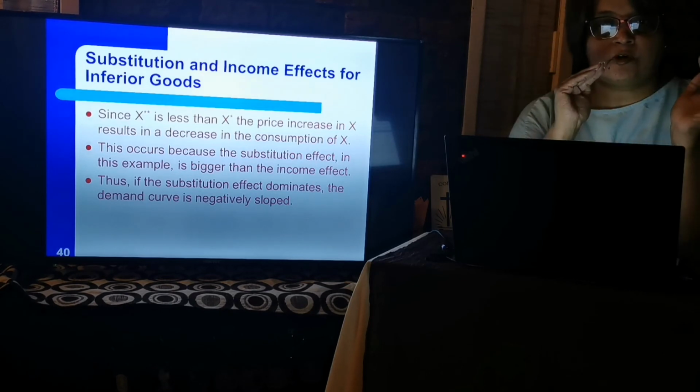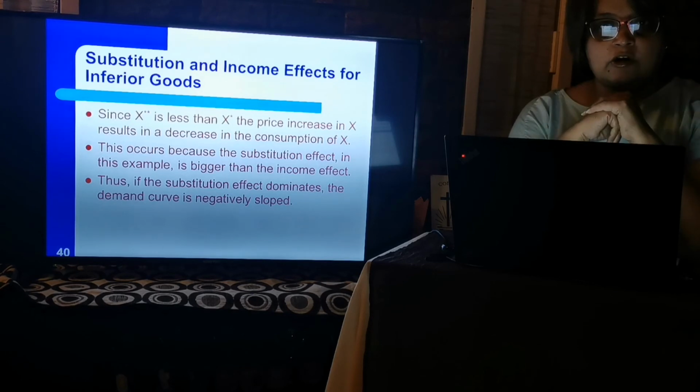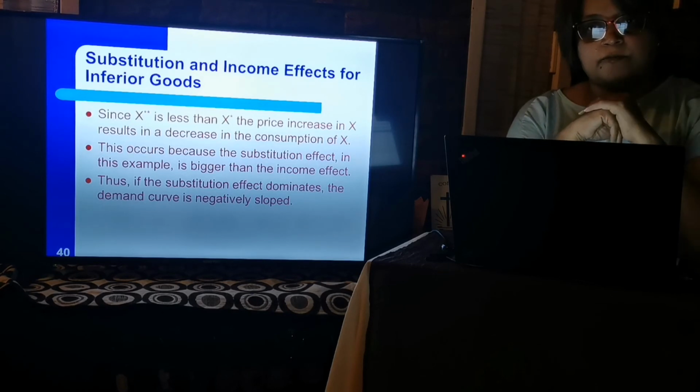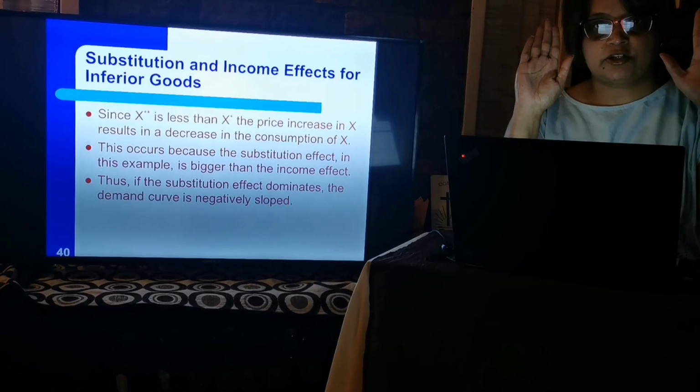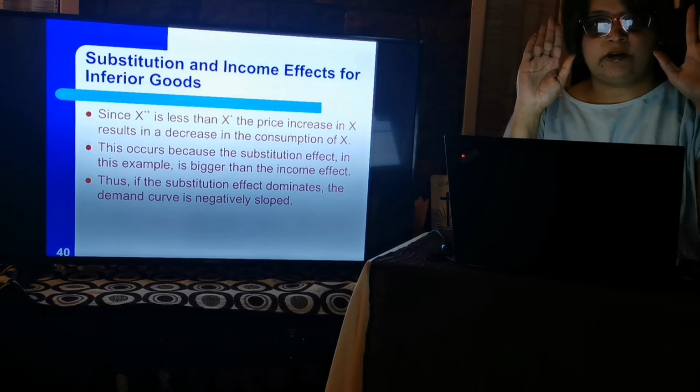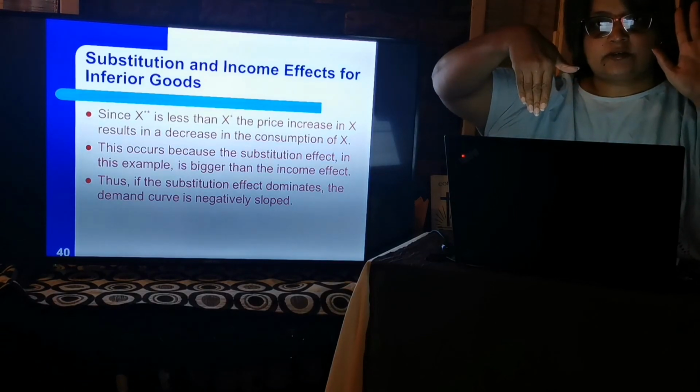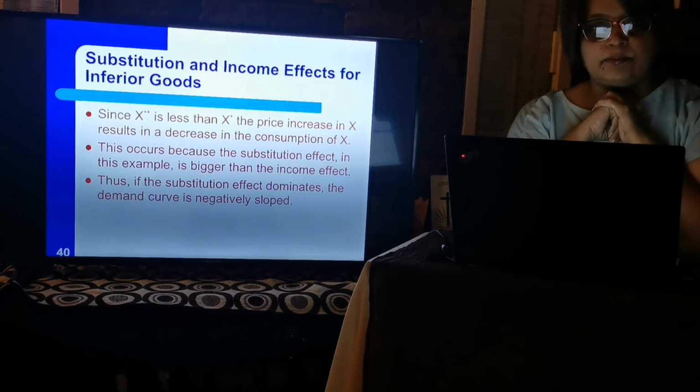Remember, it works on a completely different scenario. Normal goods, same direction. Inferior goods, different direction, as said in one of the previous videos.